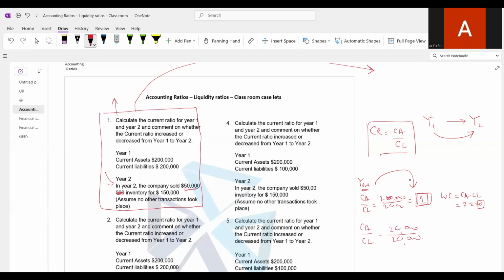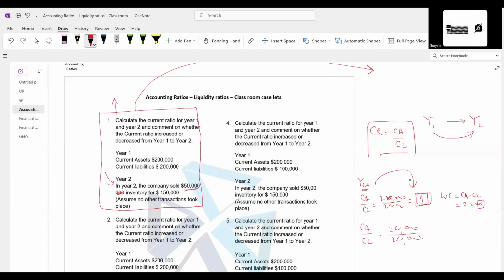Now see the transaction in year 2. In year 2, the company sold 50,000 inventory for 150,000. Now you see the balance sheet, 5 elements. How will this transaction hit the balance sheet?